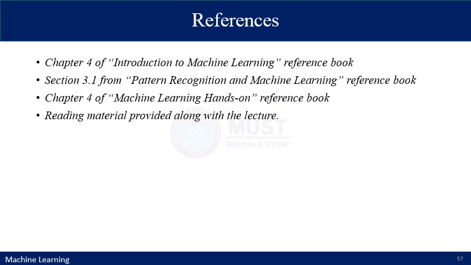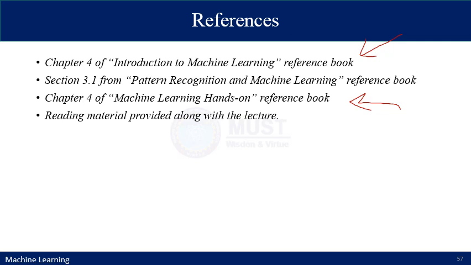Also, if you want to learn more about the topics covered in this lecture, you should read chapter 4 of the Introduction to Machine Learning reference book, or you can use section 3.1 from the Pattern Recognition and Machine Learning book to understand more about the closed form solution. Additionally, chapter 4 is also useful for understanding some concepts about logistic regression and linear regression as well.